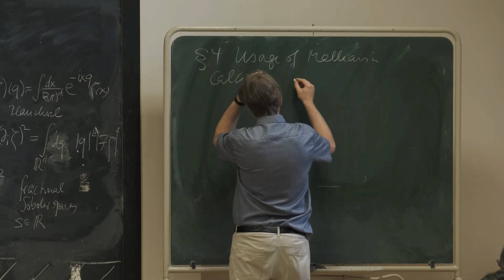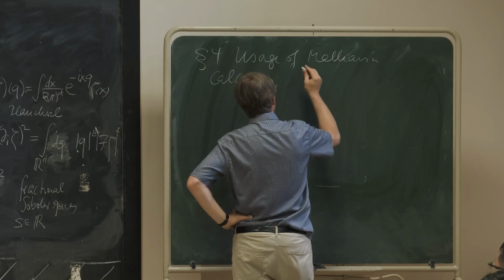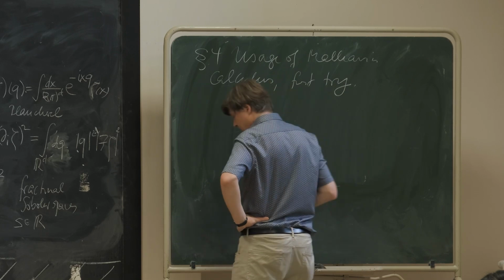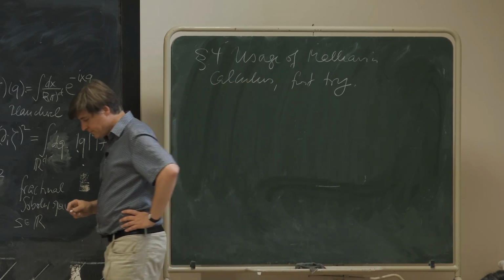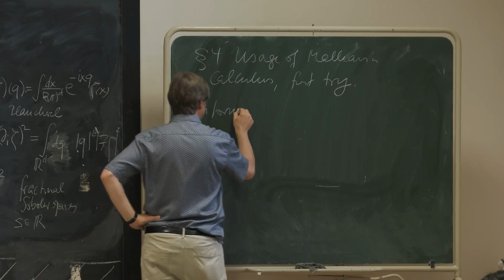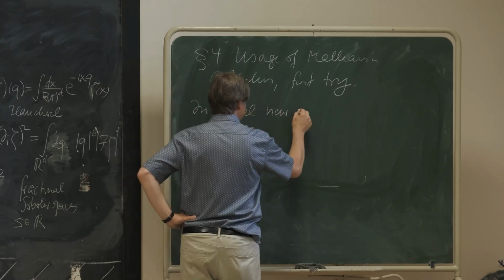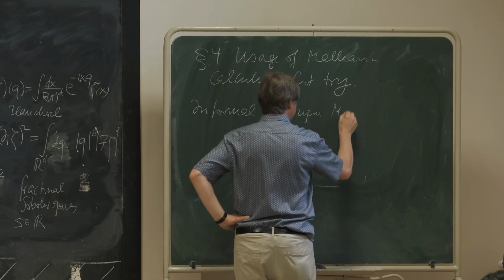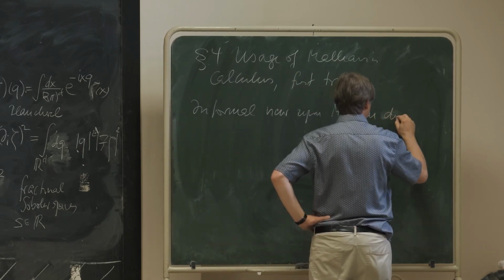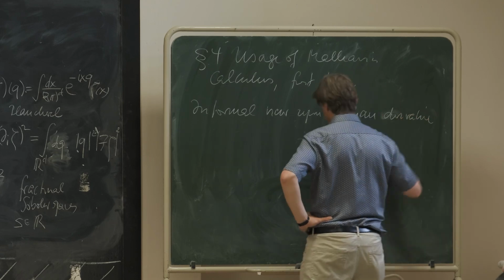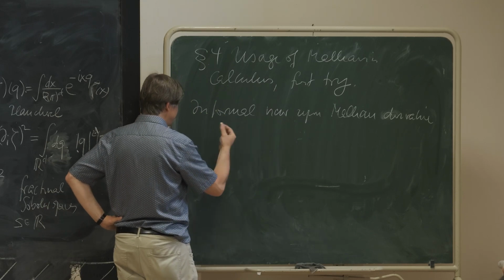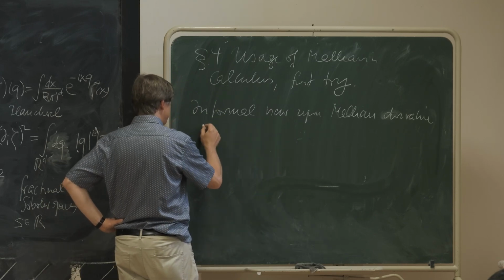And in fact, it's just the first attempt. We have to then become more geometrical. So I want to have an informal view upon the Malliavin derivative. You're given a random variable.